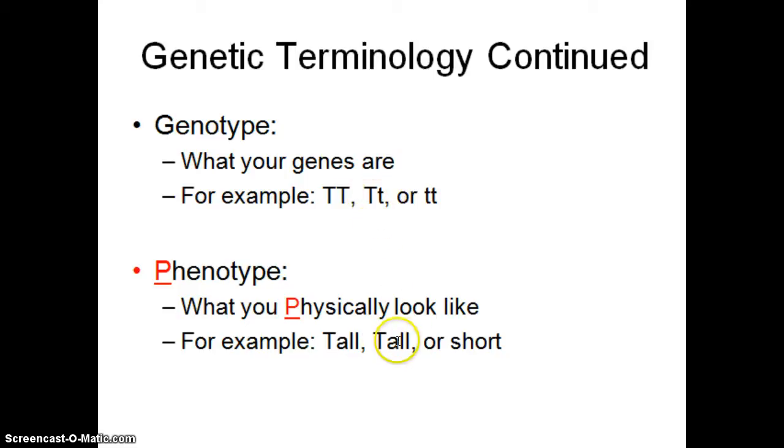That person would look tall because the recessive allele doesn't have a chance to do all the talking. The capital T does. So the dominant gene overshadows the lowercase, and that person would look tall. Two lowercase t's, meaning homozygous recessive, that person would physically look short.